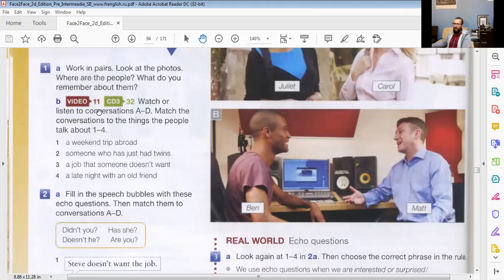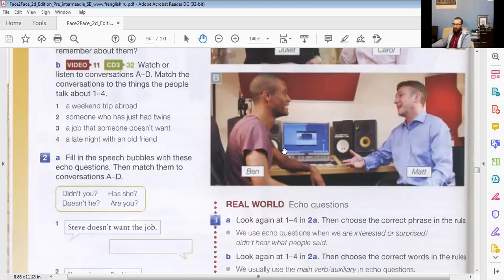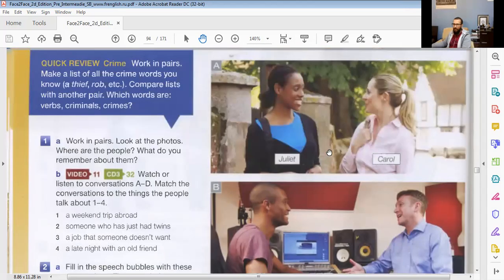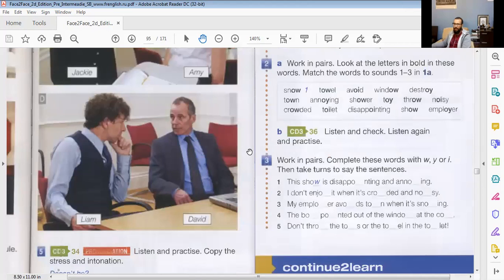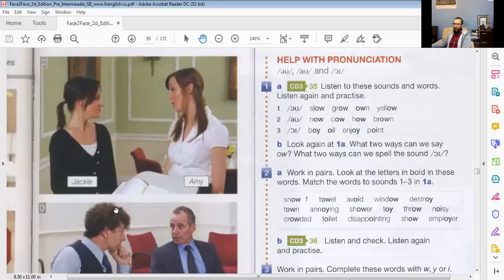It says here, listen to conversations A to D. Match conversations to the people. Let me see, conversation A to D, but we only have 2 photos. Okay, so we have the other photos. Here we've got Amy and Jackie.